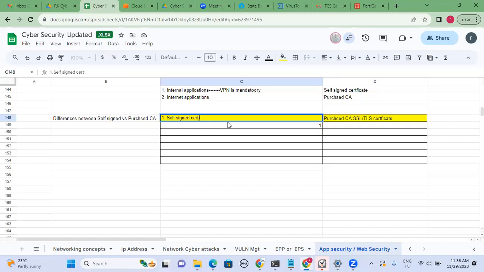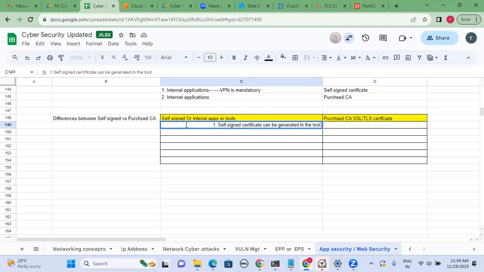First point, a self-signed certificate can be generated in the tool, whatever tool we are using, like a security tool, DevOps tool, SecOps tool, or machine learning tool, every tool, not only from the security point of view.